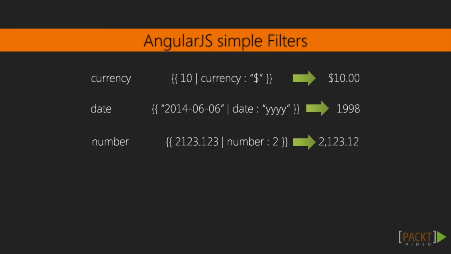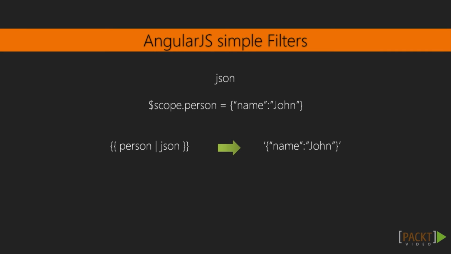The number filter that will format your numbers and fractions, letting you choose the number of decimals that have to be shown. And the lowercase and the uppercase filters that do exactly what they sound like they do. Then we have the JSON filter. The JSON filter will get any model you want and print it in the JSON format. As simple as that.